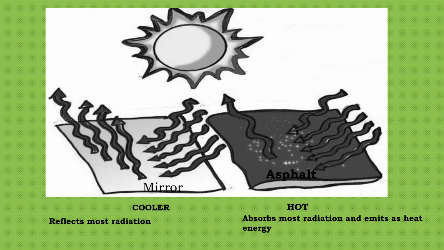We can see that the black dull surface, for example asphalt, is a good emitter of heat as its temperature rises rapidly. On the other hand, a polished surface like a mirror is a poor absorber of heat as its temperature rises very slowly. Did you know the reason behind this?